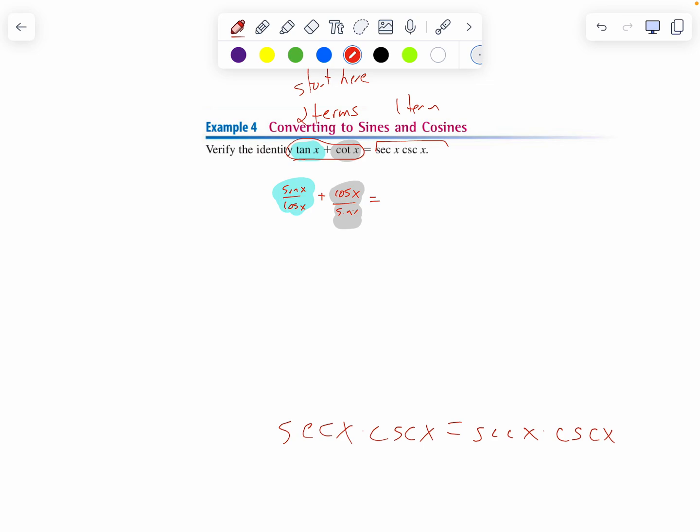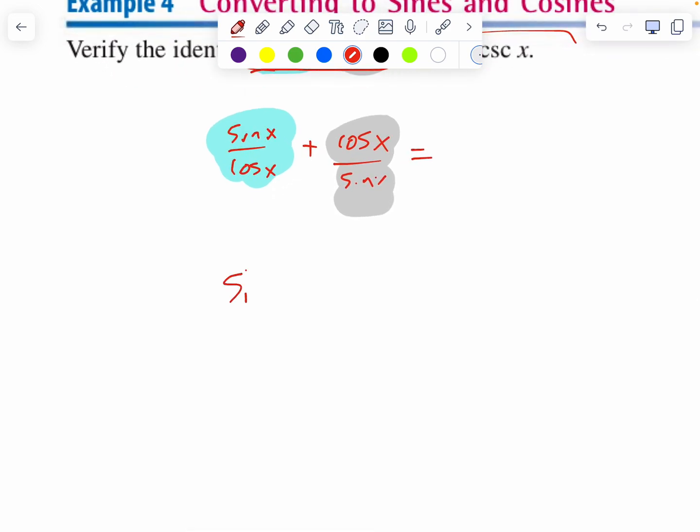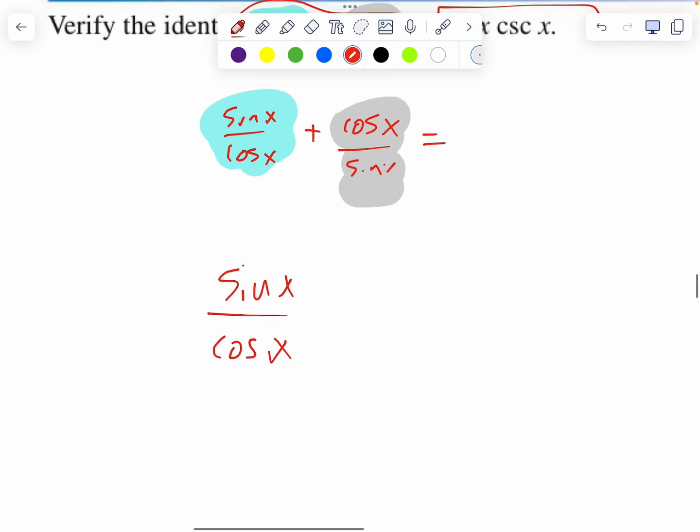So I'm going to work on the left side. Now, I'm adding fractions, so you have to be comfortable with adding fractions. So, to the left fraction, I'm going to multiply by sine x over sine x. And in the right fraction, I currently have cosine over sine.